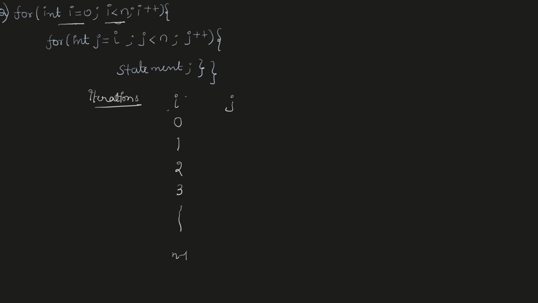For the value of I, the j goes from j equal to I to j less than n. That means j starts from I. So here the value of I is 0, so it goes from 0 to n minus 1. Here the value of I is 1, so it goes from 1 to n minus 1.